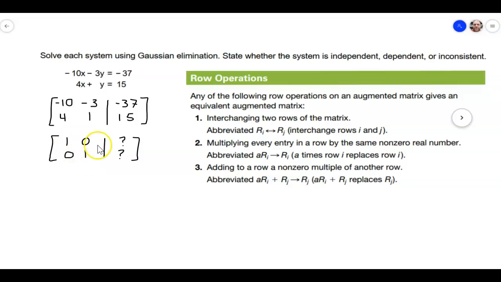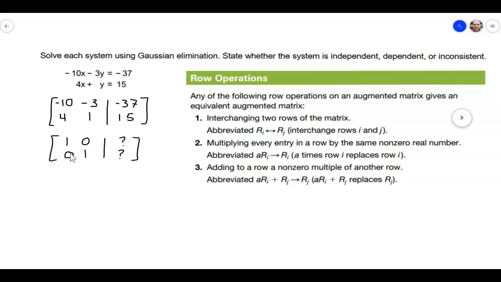This is called an identity matrix, the 1, 0, 0, 1. An identity matrix is a matrix with ones down the diagonal from upper left to lower right. It's a square matrix, so for example, this is a 2 by 2 here, or it could be a 3 by 3. The ones go down the diagonal, and you have zeros in every other position.